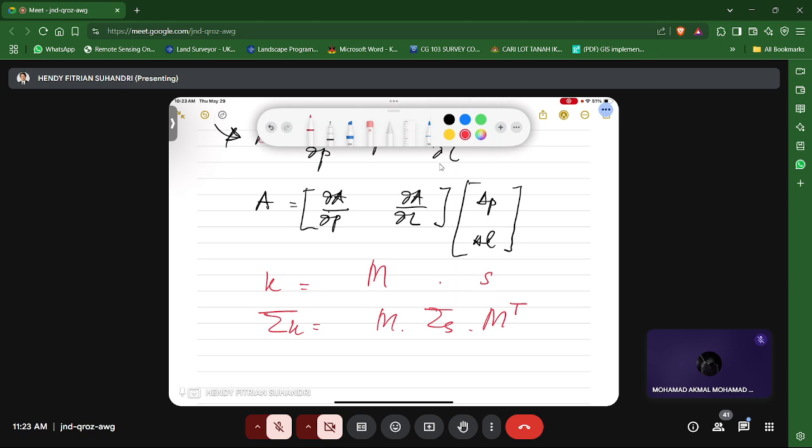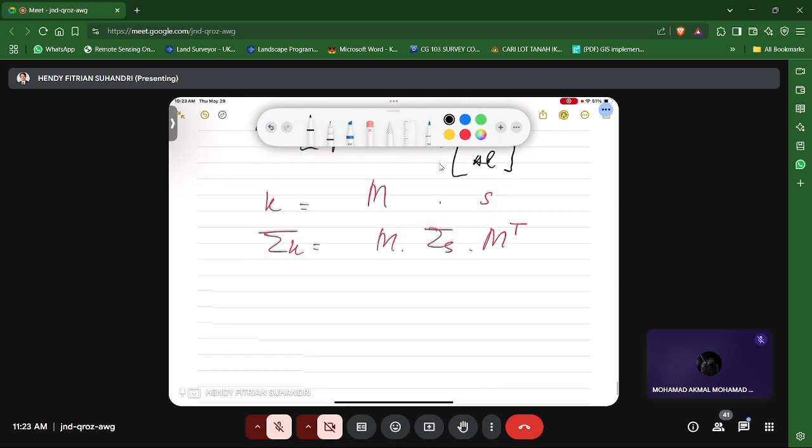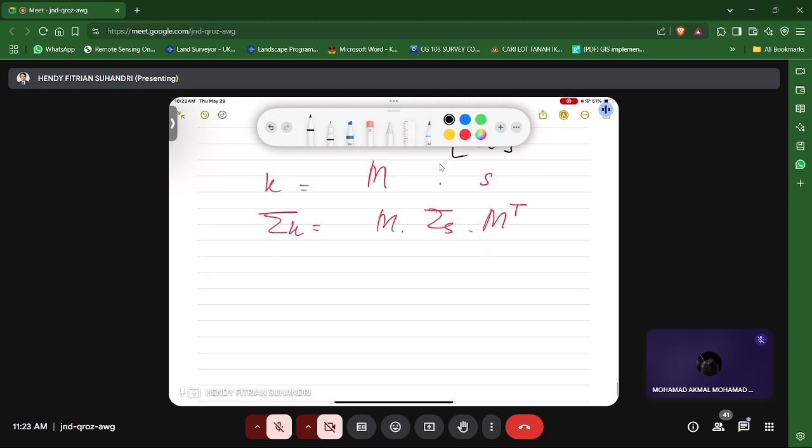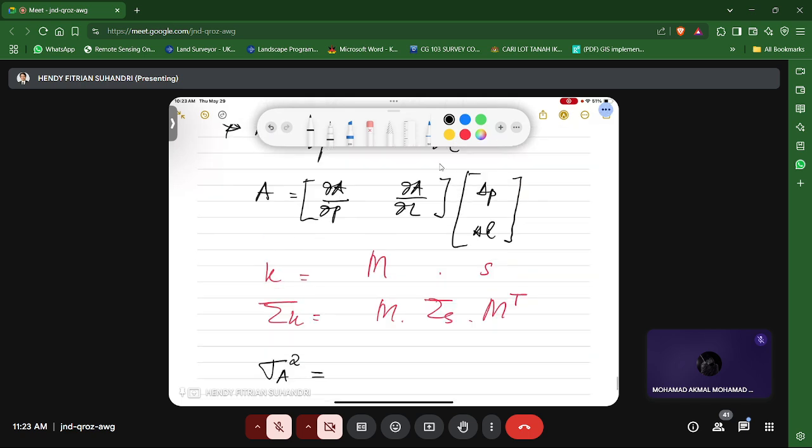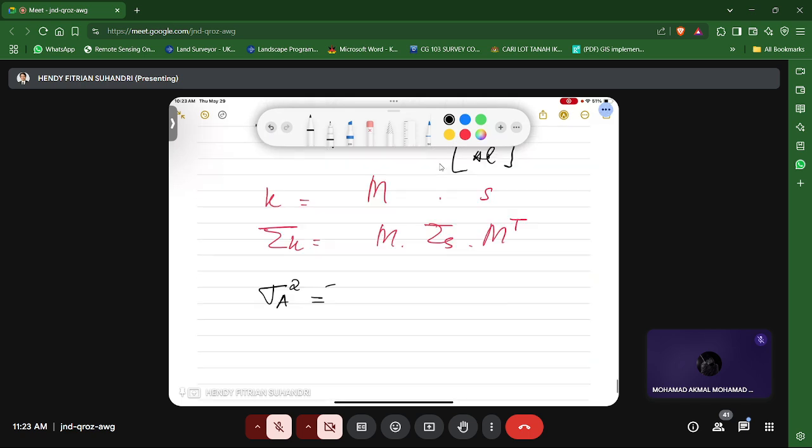So I can write now sigma K, what I wanted to know, the variance of area. M is dou A over dou P and dou A over dou L.